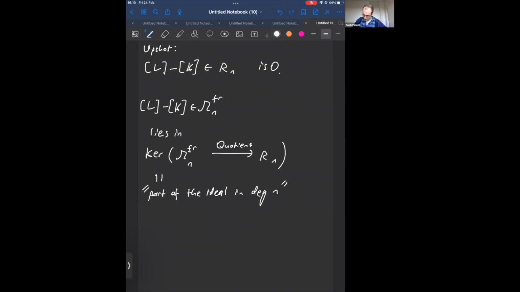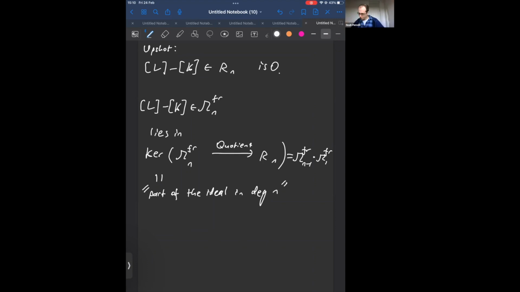Now remember that the ideal that we had was things generated in degree n-1. And if you kill everything in degree n-1, you have to kill everything which is a multiple of that. And it turns out there's nothing else as well. So this kernel is exactly n-1 degree elements times degree 1 elements, which is the thing that we wanted at the beginning.